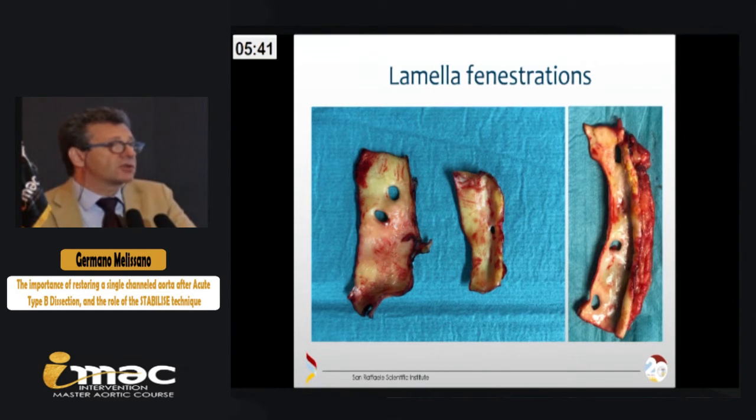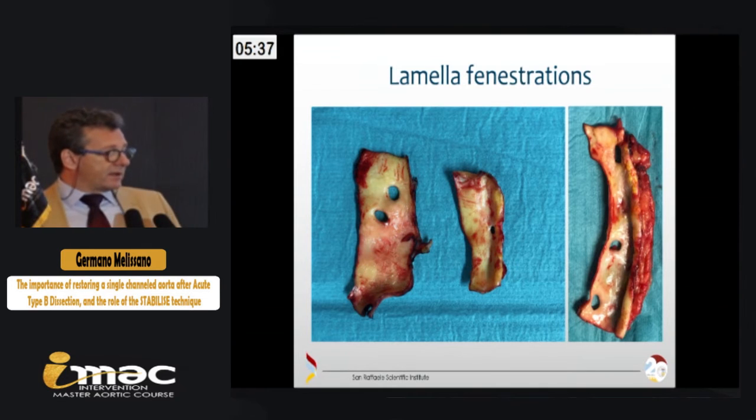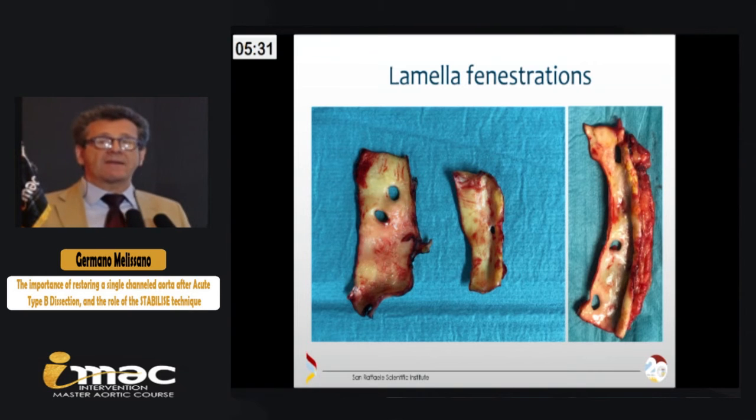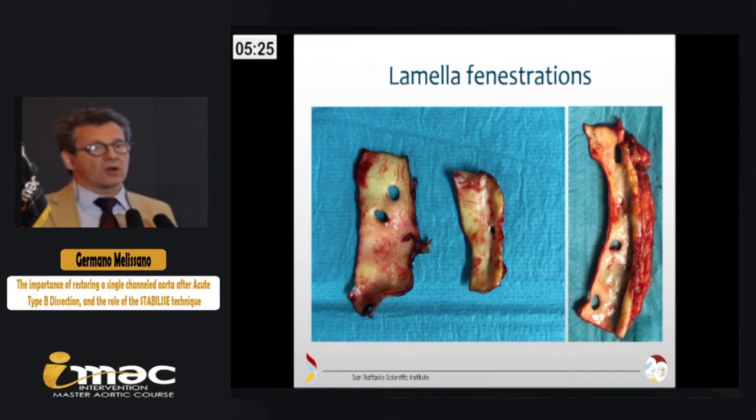And these are surgical specimens that I would like to show you so that you can really understand what these holes in the lamella are. So when we have dissection, the layers of the aorta that come away from the wall of the aorta in the position of the branches, they always have these holes.